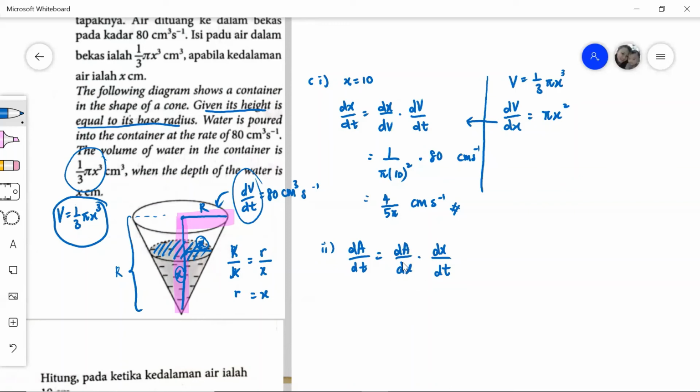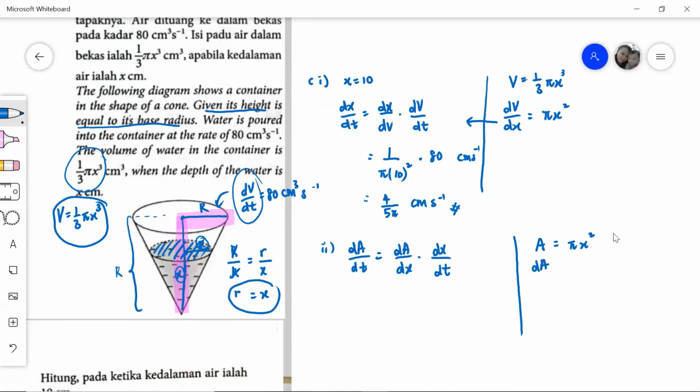We have to choose the one where we can write the equation that links the two variables. So in this case, we can find A. The area of the surface of water is written as A equals pi x squared. By right it's R, the radius, but we already know the radius is the same as x, so we can just use pi x squared directly.